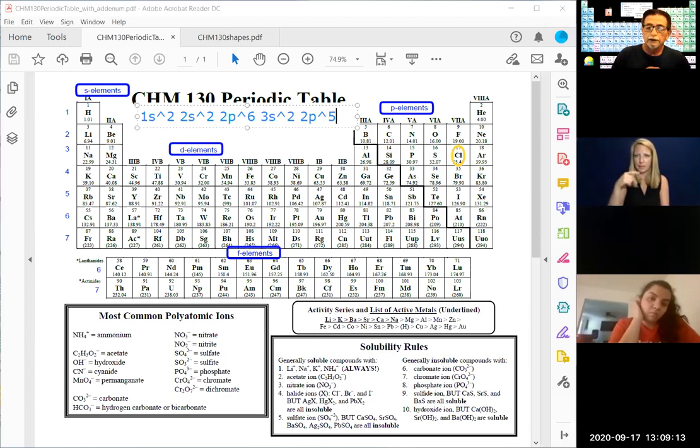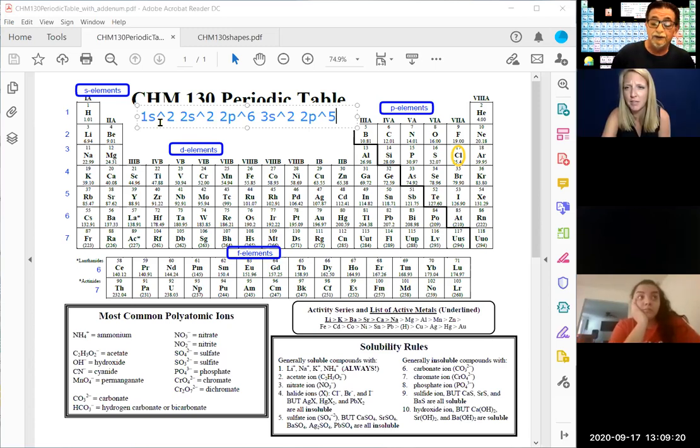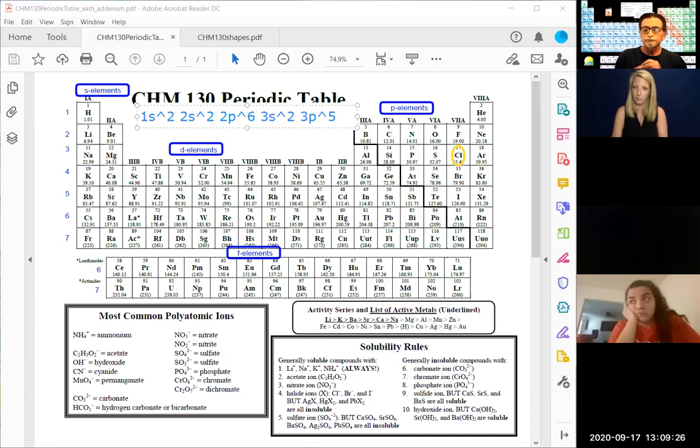Count your superscripts. I should have a total of 17 electrons. So there is the electron configuration.